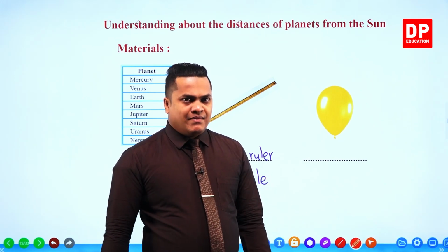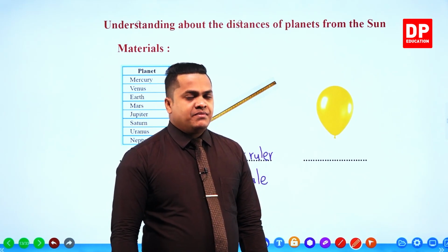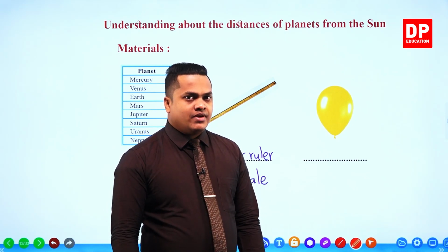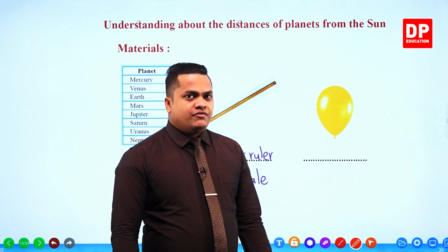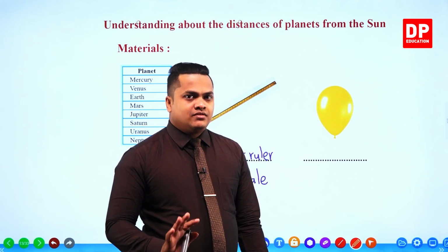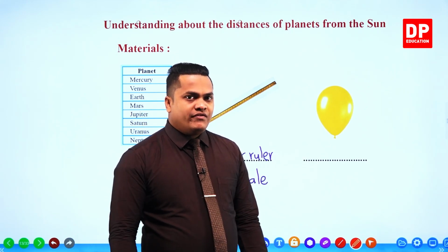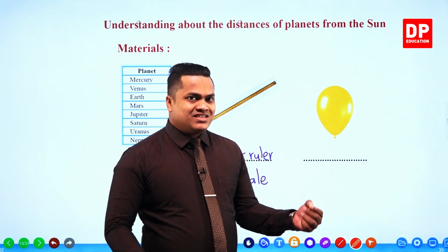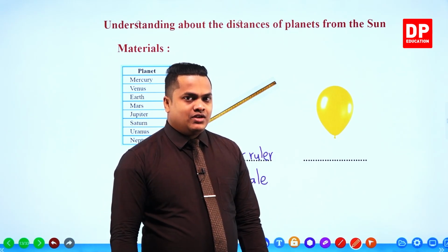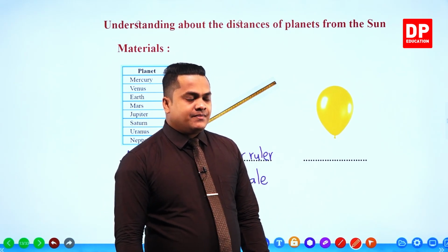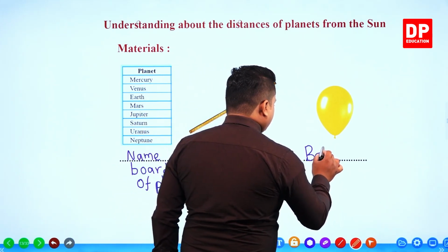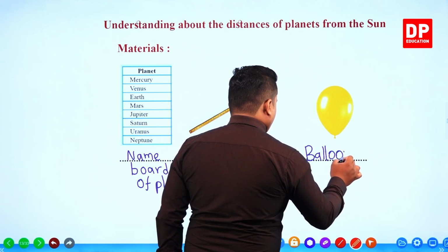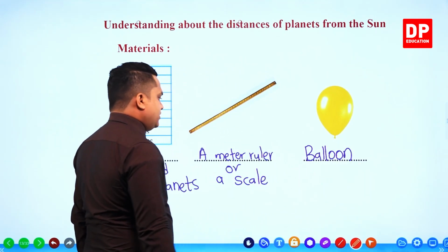So any instrument that can be used to measure distances, remember it. Most of the time we'll be using a meter ruler, but if you can use a tape also, then it's not going to be a problem. Then a balloon.